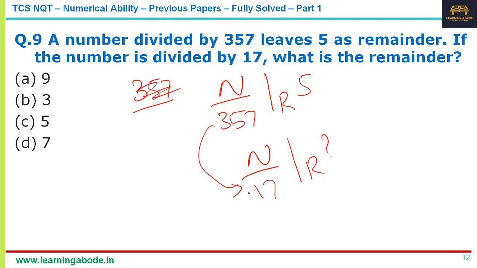Now what is the relationship between 357 and 17? 357 is exactly divisible by 17, that is, 357 is a multiple of 17.